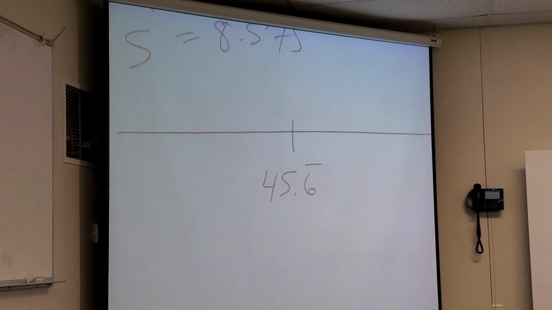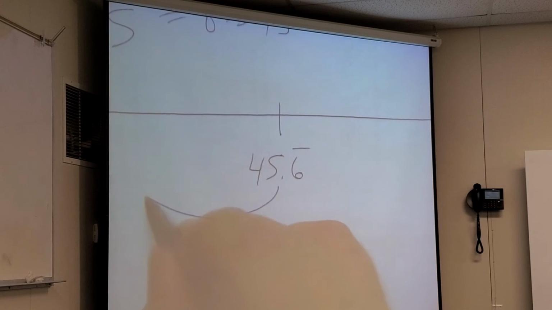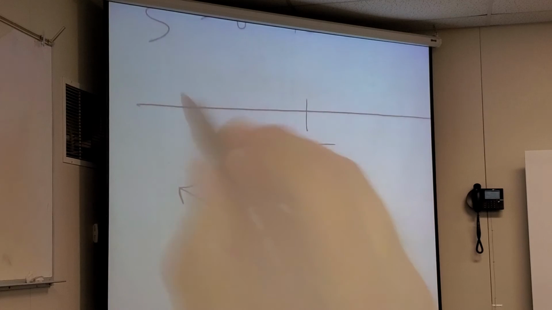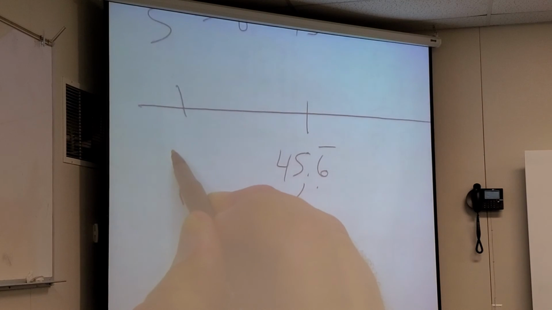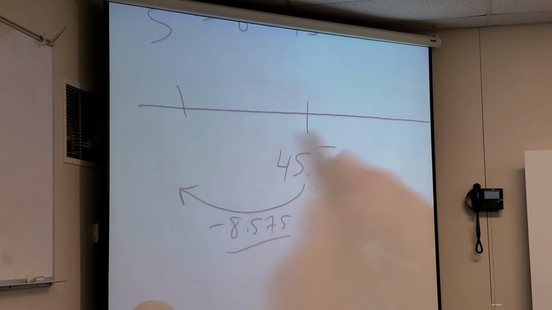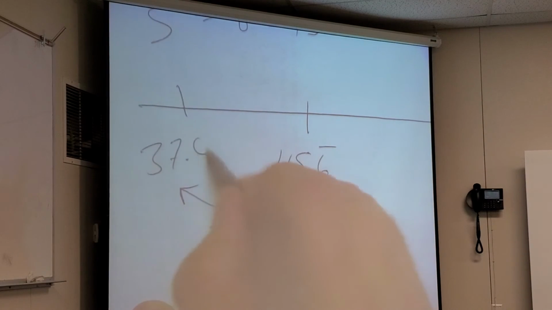So within a step, what's one step down? Subtract 8.575 from this. If you take that and subtract a step, a standard deviation, where do you end up? 37.085, okay.